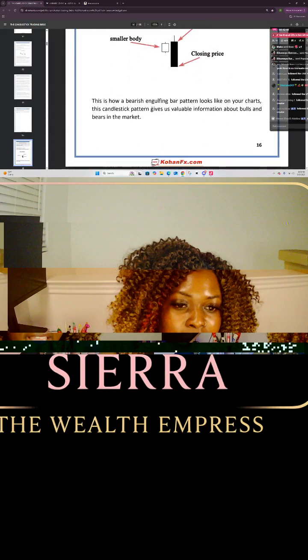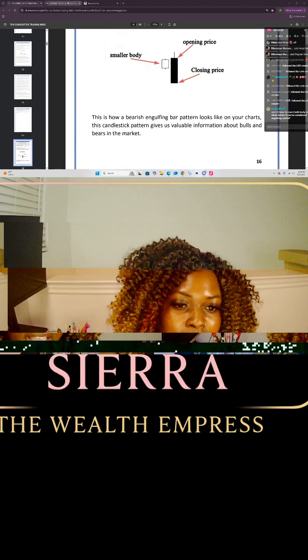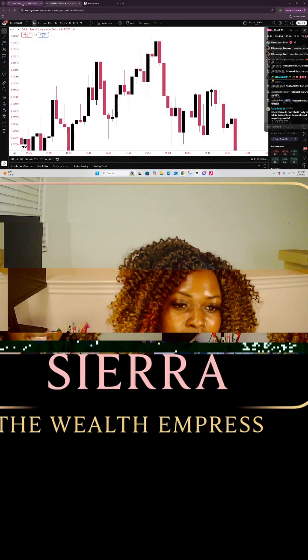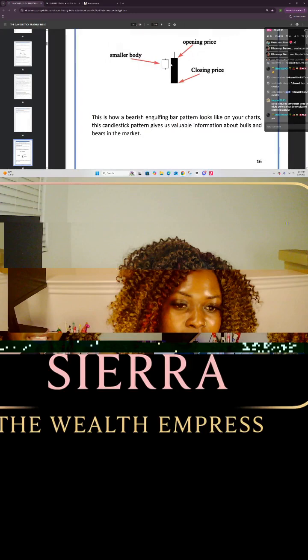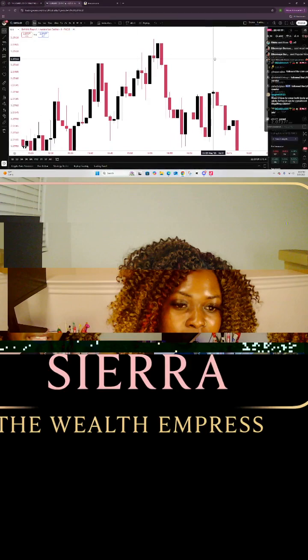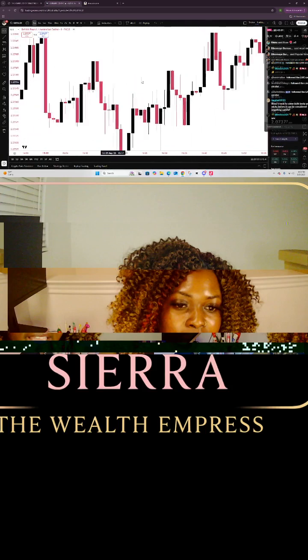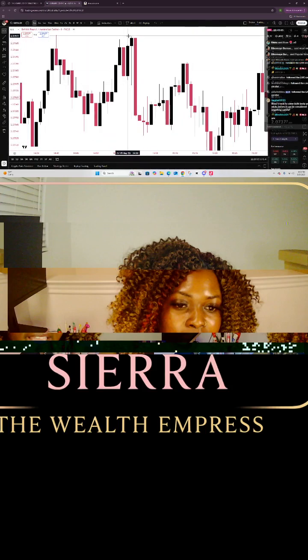All right, so this is how a bearish engulfing doesn't have to cover both body and its wicks before it can be considered an engulfing candle. No, it doesn't have to. So in the picture here, it does have the wicks covered, but on this one right here, you see how the wick is up here, right?